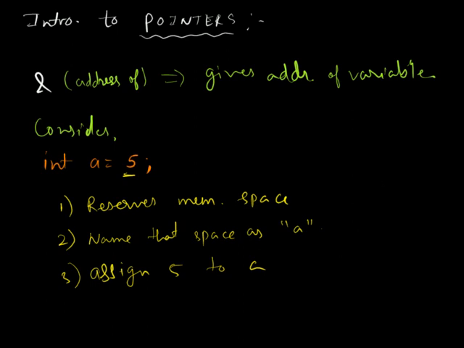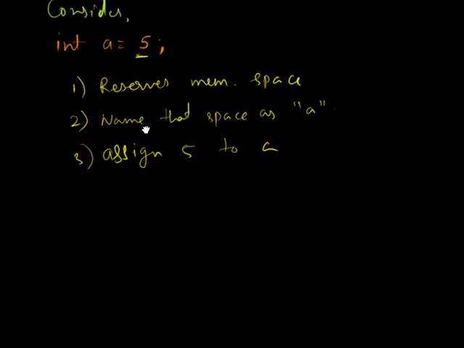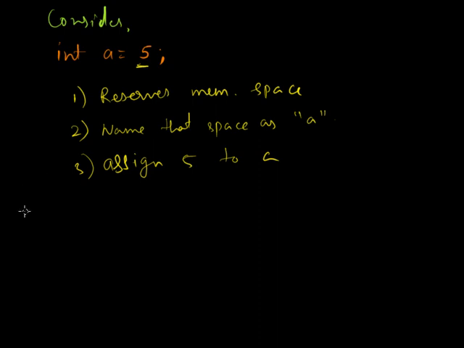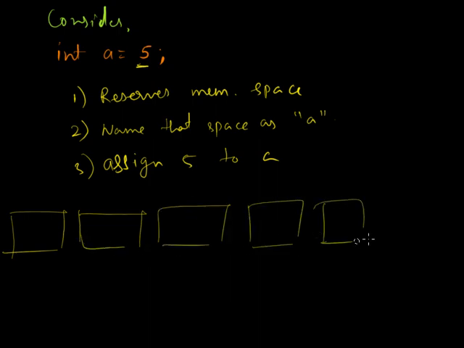So let us draw the memory map. You know that memory is not a single cell, not a single space. It is divided into blocks. So there are a lot of spaces in memory. This is how the memory looks. You have locations 1, 2, 3, 4, 5, starting from 0 to whatever the capacity of that memory is.